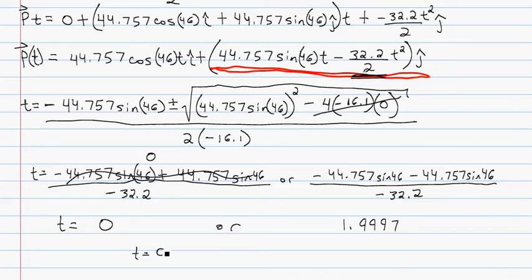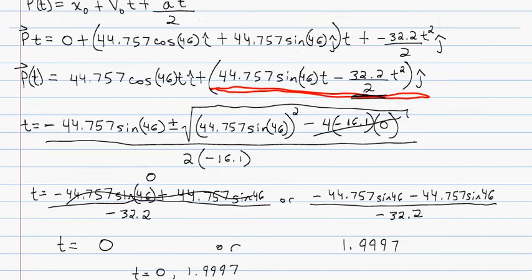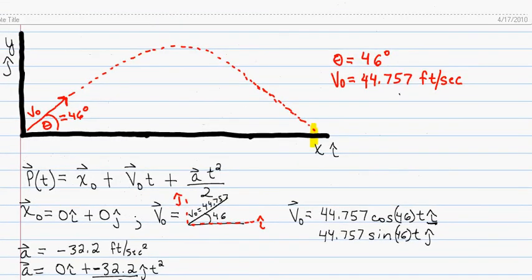So t is equal to 0 and 1.9997. So what does that mean? So we go back up to the graph here. Well, when t equals 0, which is right here, we know that there is no y because we're on the ground.